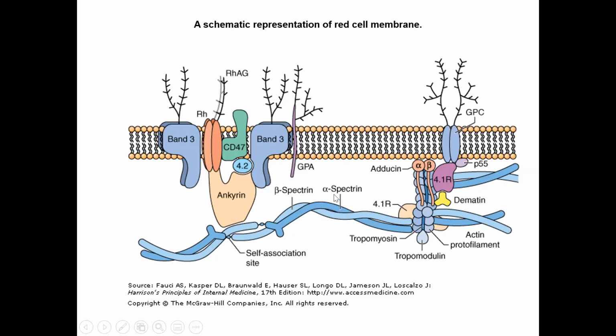And if you have abnormalities in any of these proteins, and you'll come to learn about abnormalities where the protein may be missing, like your spectrin may be absent or abnormal, that can give you abnormalities of red cell shape and can reduce the red cell lifespan, okay?